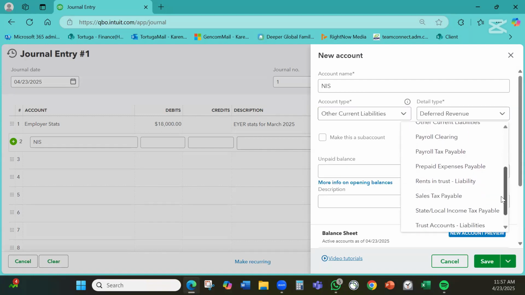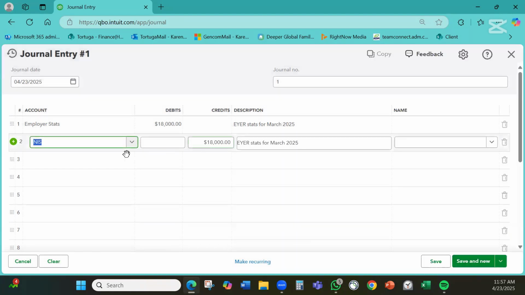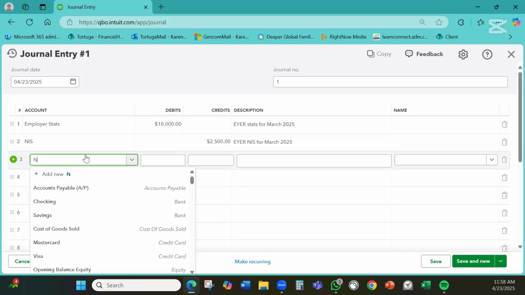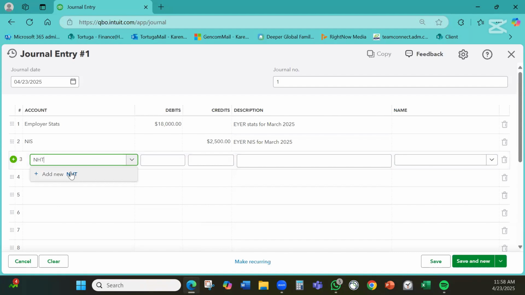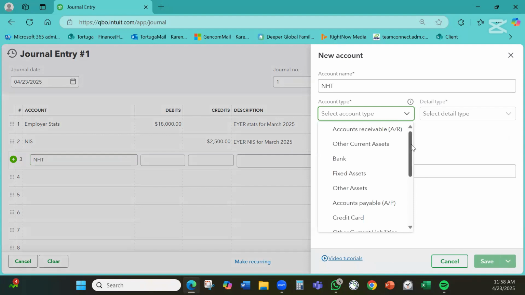And I find the correct place. It's a payroll tax payable. So you see some of the things are already there, so you just pick them up. You know what it is you are doing. I'm just quickly doing a sample of what the payroll journal would look like.